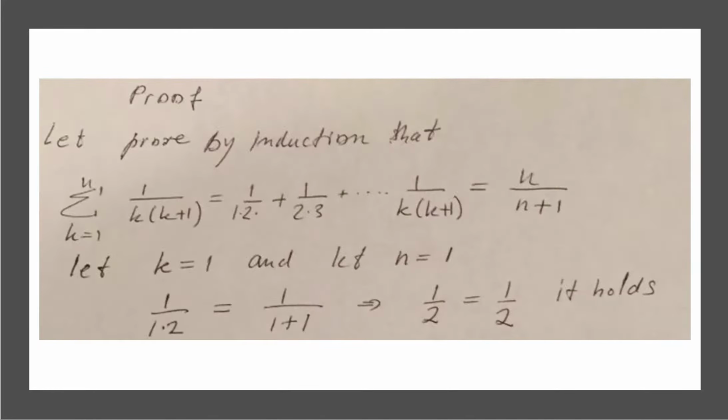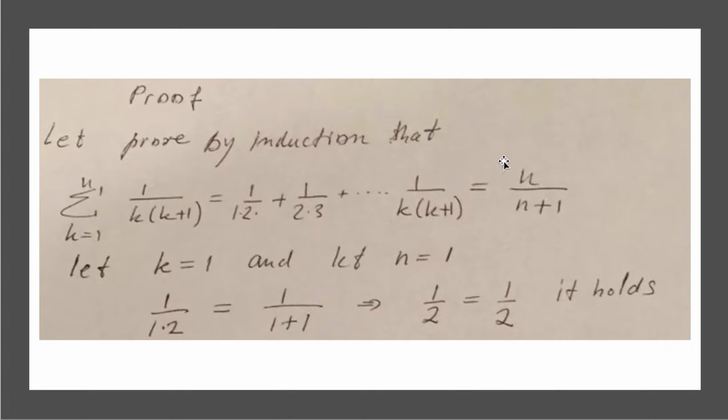So let's go to the next slide. Proof. Let's prove it by induction. First of all, we have the series that we already got from the question. Let k equal 1 and let n equal 1. In this way, we are taking just the first term, 1 over 1 times 2.